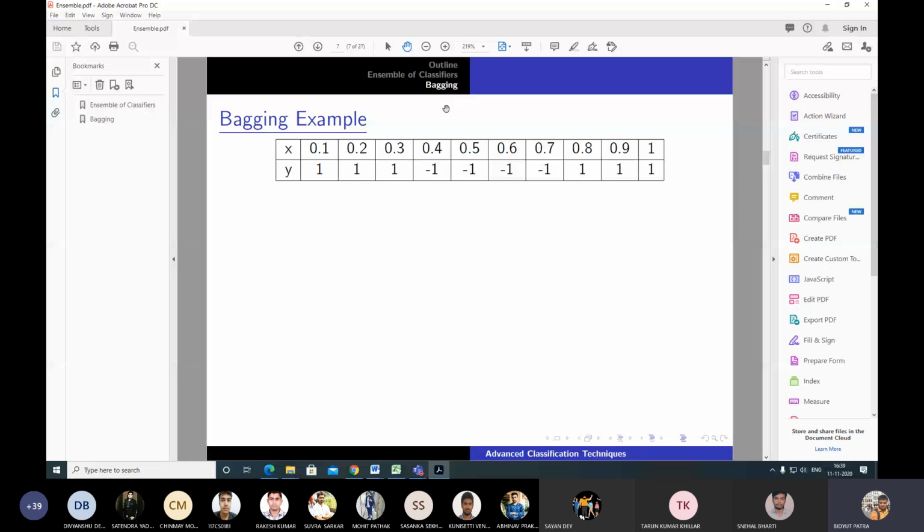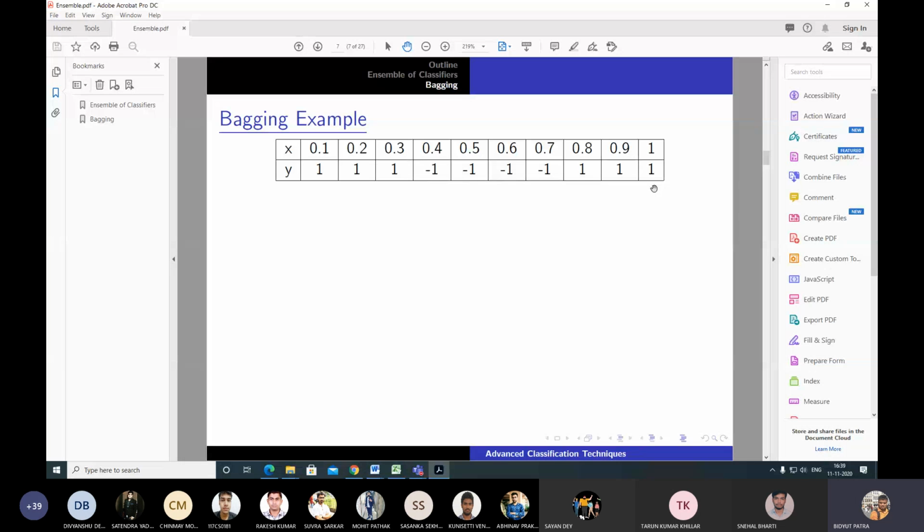That is called a decision stump, which says something only about the value of X. Say, if the value of X is less than or equal to 3, it is a positive class, otherwise it is a negative class. This is one decision stump.